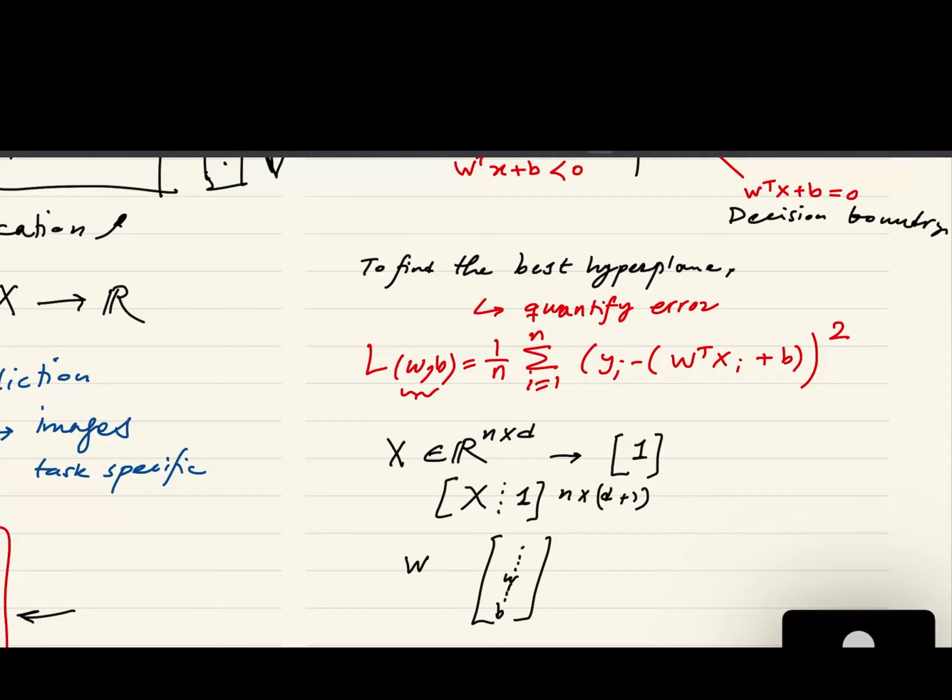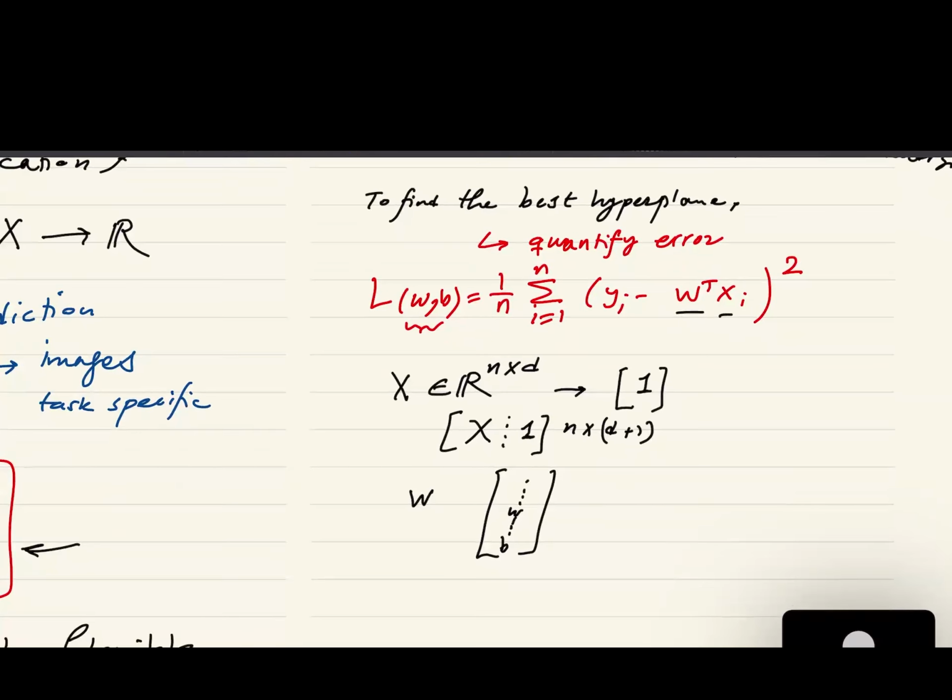This way the algebra will be easier. I basically got rid of B by sending it into W, and this way I can rewrite this equation so that everything is simpler. Whenever you see that, it doesn't mean that we don't have B. It means that B is already in W. Even neural network architectures follow the same notation.